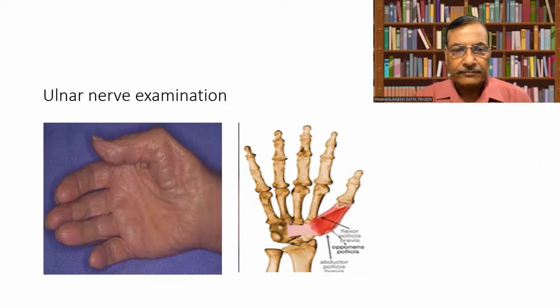The second part is, if there is an injury of the ulnar nerve, where is the likelihood of the injury? Is it a lower ulnar nerve injury or a higher ulnar nerve injury? That is what is under the question. In short cases, this is what you have to do.